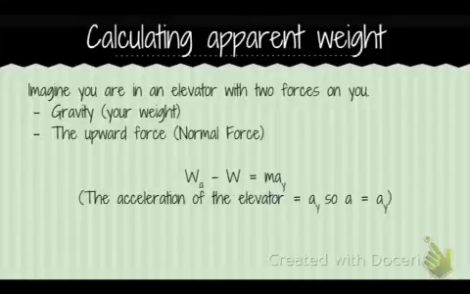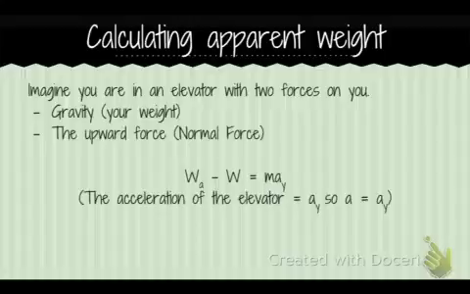So if you were to calculate your weight using your apparent weight, you would use this equation that we're going to get to. Imagine that you're in an elevator and there are two forces on you: your gravity, which is always constant pushing down, and the upward force, the normal force pushing on you from the elevator.